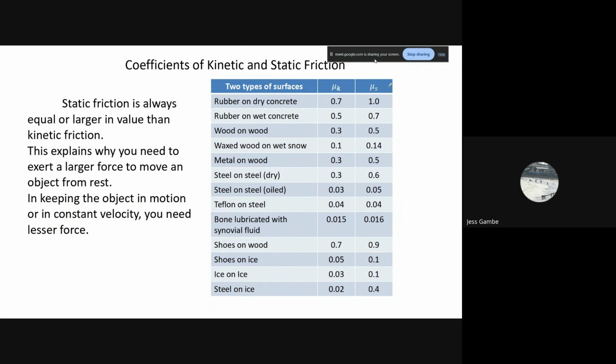Once it starts to move, it becomes kinetic friction. And this is generally the trend. Okay? Some are identical, like Teflon on steel, where the kinetic and static are identical.